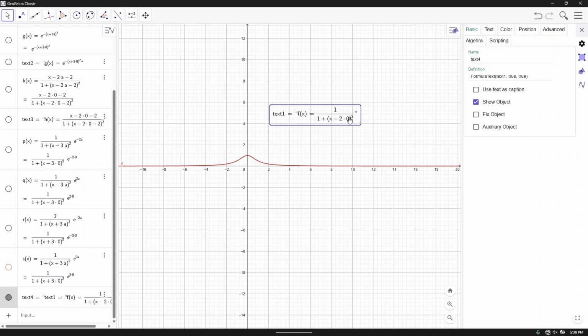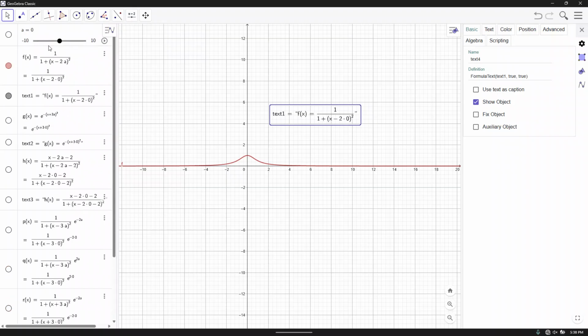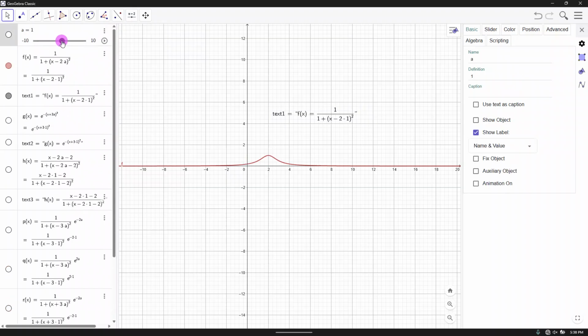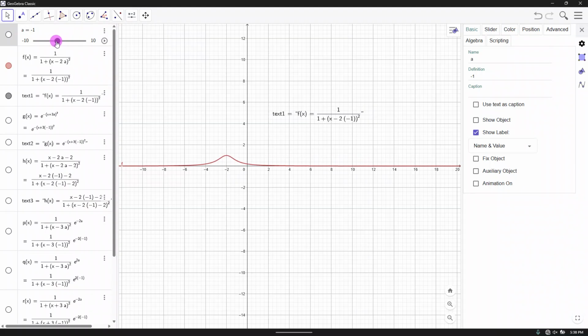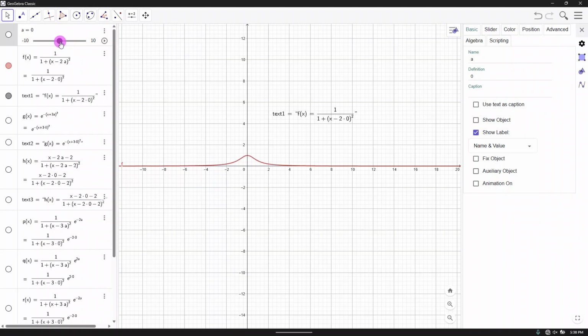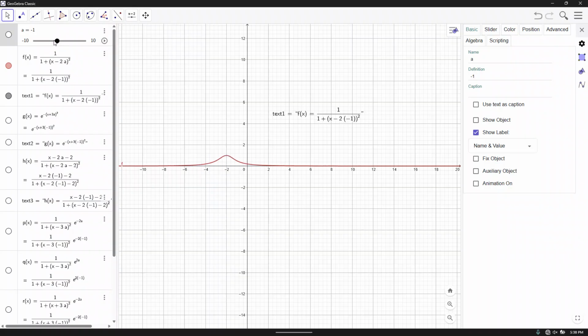For t equals 0, I'm going to drag, and do you see what happens? We get different shiftings in the solution curve. This curve is transporting to one side or the other depending on that initial condition.